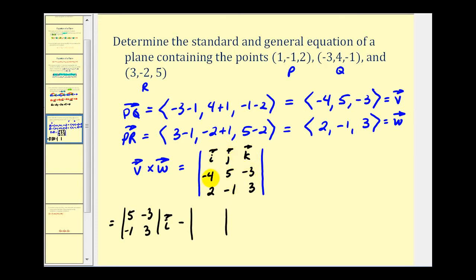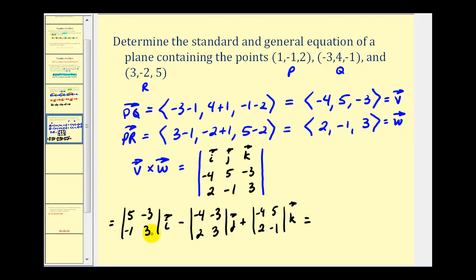So we'll have -4, -3, 2, 3 times vector j, plus the 2 by 2 determinant formed by eliminating row 1 and column 3. So I have -4, 5, 2, -1 times vector k.